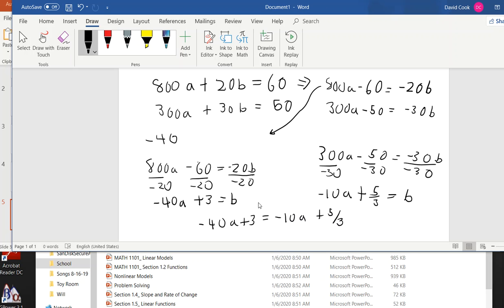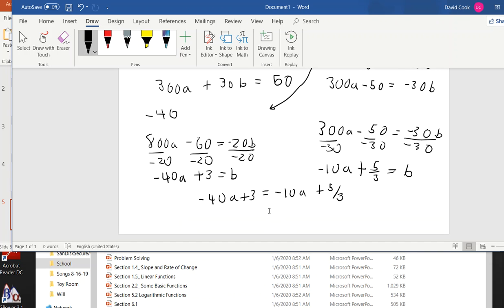So finally, let me see if I can continue right here. If I move the 40A to the right side, that gives me 30A. 40 minus 10 is 30. And then move the 5/3 over here. So that's going to be 3 minus 5/3. Okay. But I can write 3 as 9/3, right?